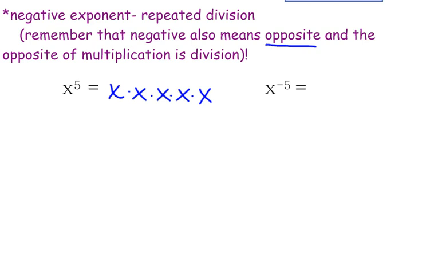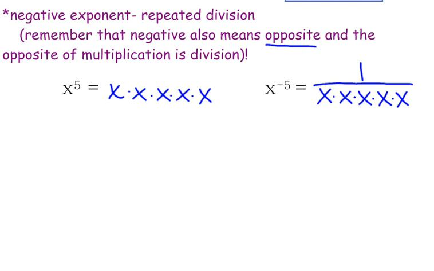So when I have a negative exponent, no, that doesn't mean just put a negative symbol on the answer. It's repeated division. So it's still going to be x times x times x times x times x, but it's going to be under the division line. This is repeated division.